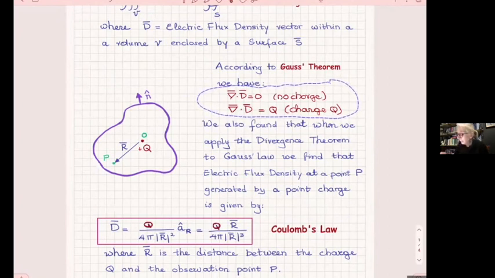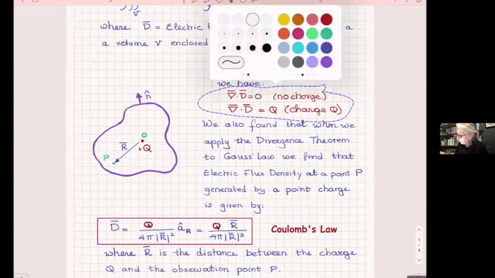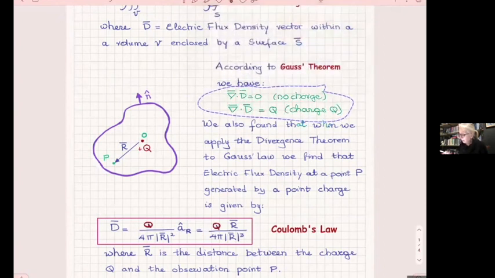So you will see how we are going to do that in this example. And let me just change this so you can see it better. All right.